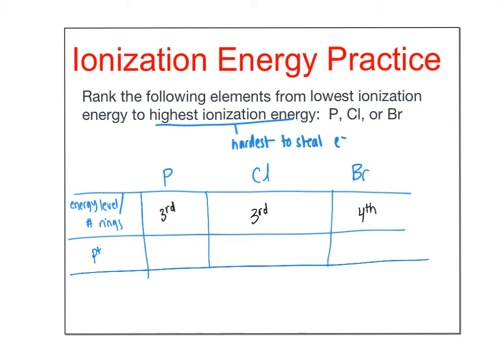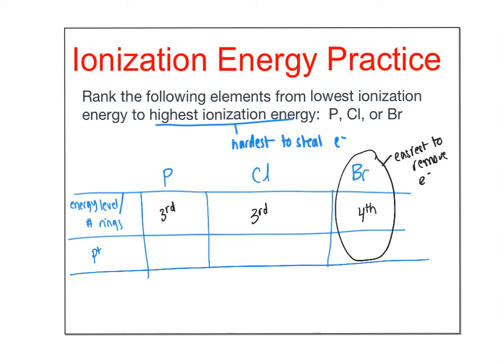Okay, so right away I see bromine is standing out because it's different. Bromine is holding its purse like 4 arm lengths away. Chlorine and phosphorus, 3. So we know right away that this guy is the easiest to remove an electron from because its electron is farthest away.